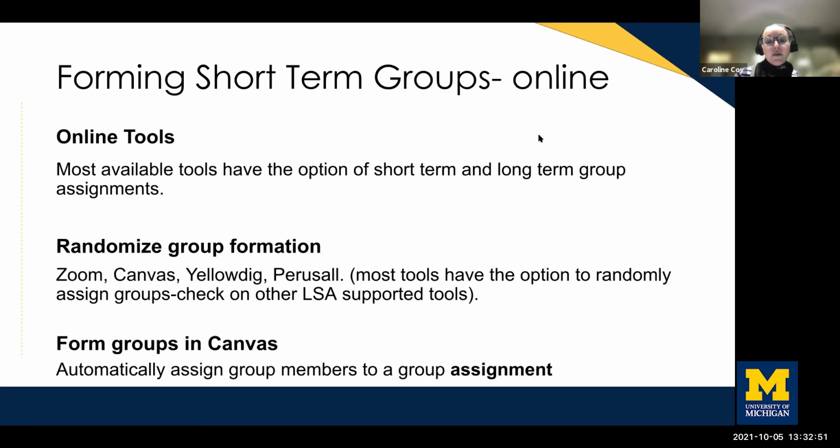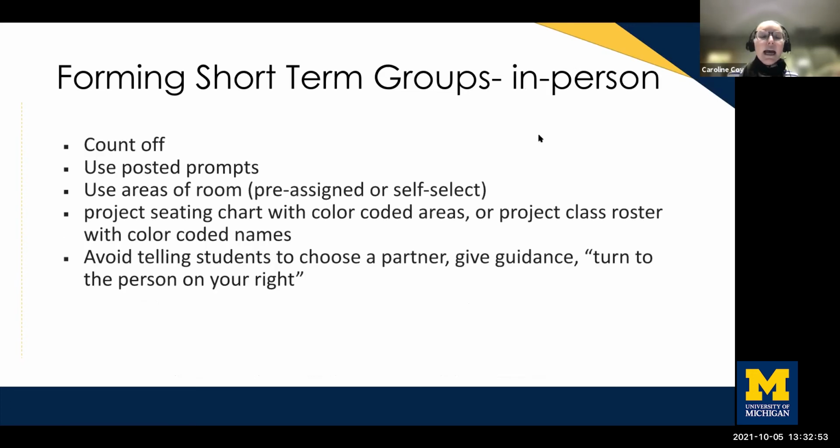And then for in-person strategies for short-term groups, the goal is to be able to form these quickly and equitably. So counting off can be a great simple strategy. If you want 4 groups, 1, 2, 3, 4, 1, 2, 3, 4, and then ones go to their group, 2s go to theirs.